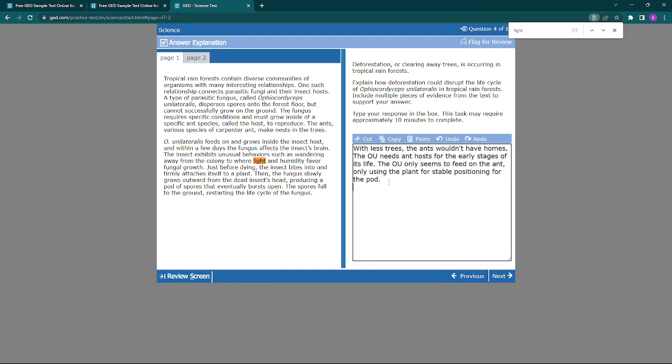So they need the ants, and the ants need the trees for the home, but the mold can't live where the home is outside the dead host.